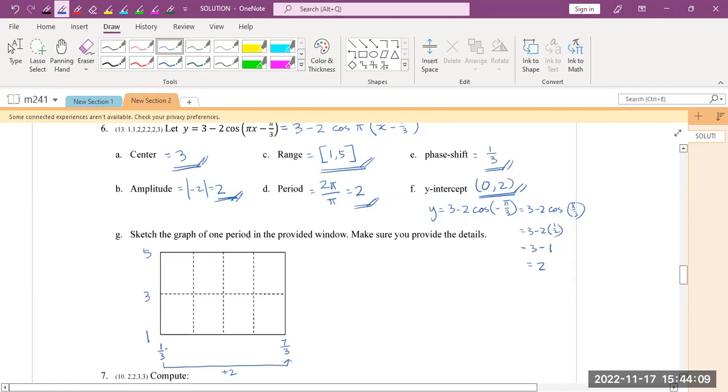Or you can do the midpoint, like 1/3 and 7/3, the midpoint is 4/3, right? 1/3 and 4/3, that will be 5/6. This is 11/6. Okay, negative cosine, so the graph will be from down here, go up. Oh, the same as the previous one, huh? The previous one also negative cosine.